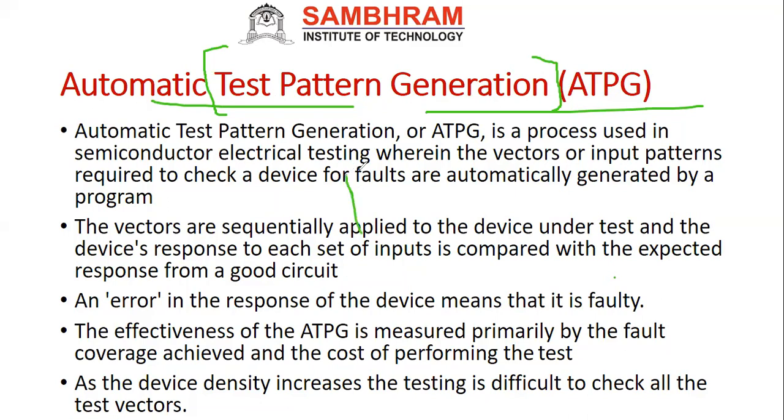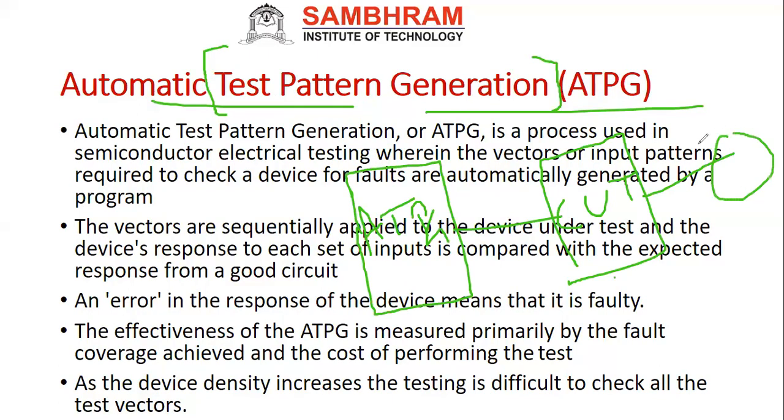So this is nothing but your ATPG, automatic test pattern generation. This will be given to the circuit under test, which we call CUT, or DUT, design under test. It will generate the pattern separately and give it to the circuit. Then we can observe the output. This is what we normally do.